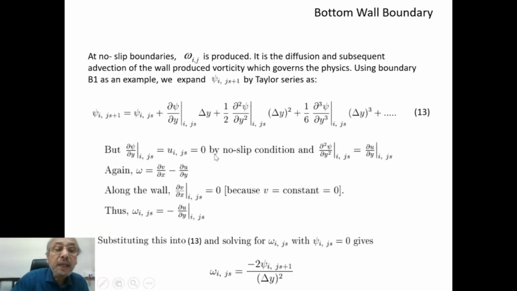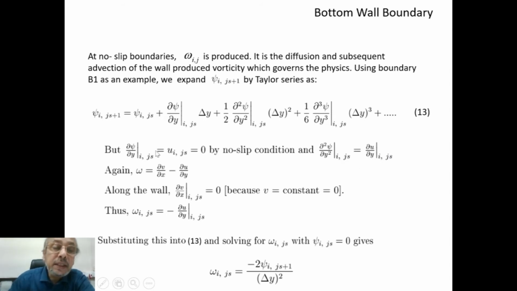Del psi del y at ijs equal to u ijs equal to 0 by the no slip boundary condition. Also we know that u equals del psi del y. So we can find the double derivative: del 2 psi del y2 at ijs equal to del u del y at ijs. We leave it there. We are not giving any value right now.